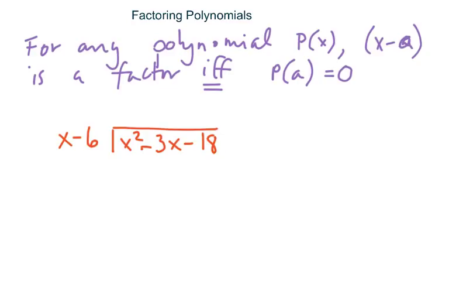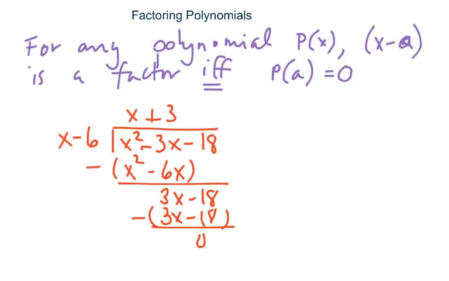So here I have a polynomial x squared minus 3x minus 18, so this happens to be quadratic, and I'm trying to see if x minus 6 is a factor, okay? Basically that means there'll be no remainder when I divide it out.